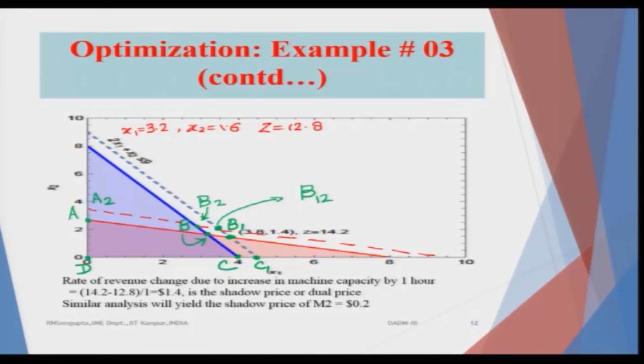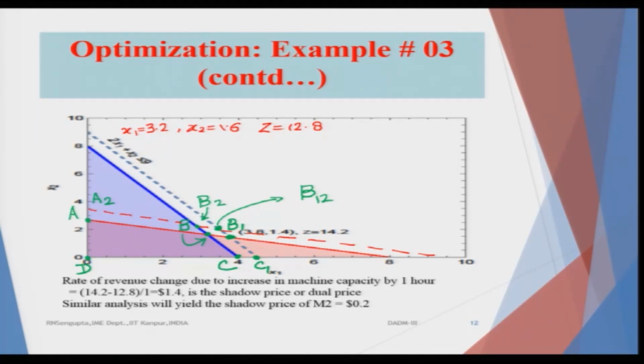So, all the points are in green color, but again I am repeating: A, B, C, D is for the original problem. Then the shadow price corresponding to a 1 unit change in machine 1 is A, then B1 and C1 and D. In the next case, for machine 2 only, it is A2, B2, C remains as it is, and D. And if both of them change, it is A2, B12, C1.